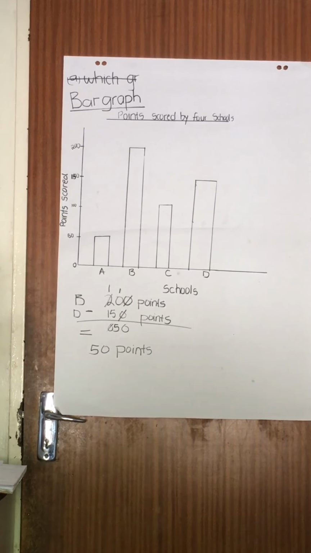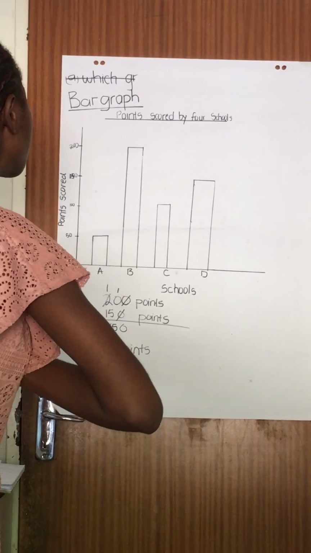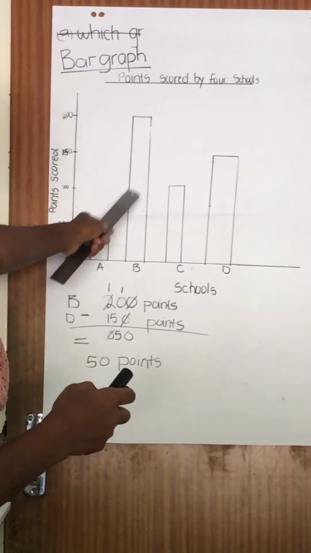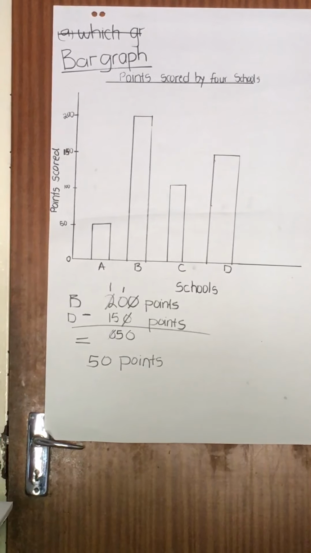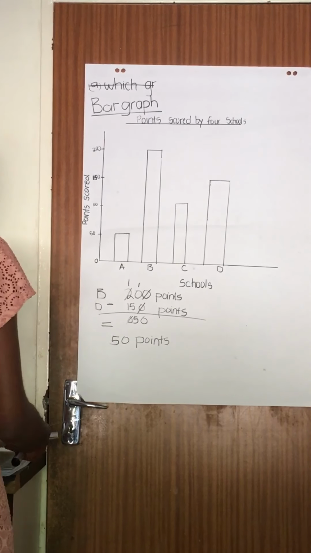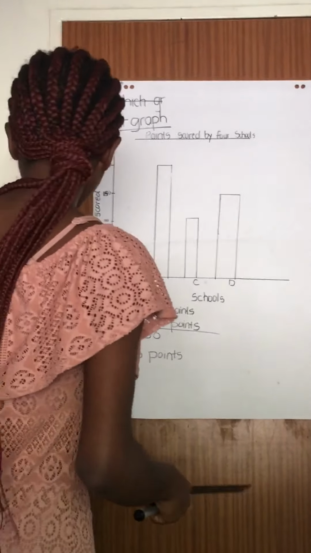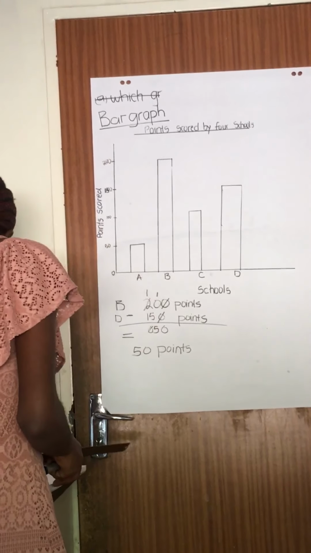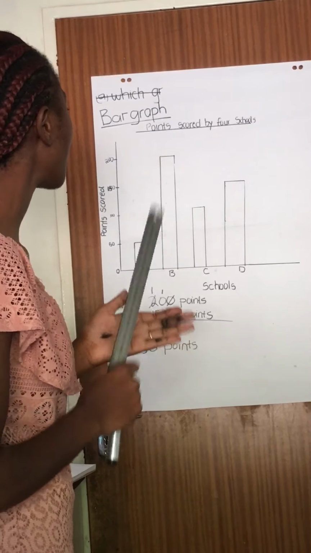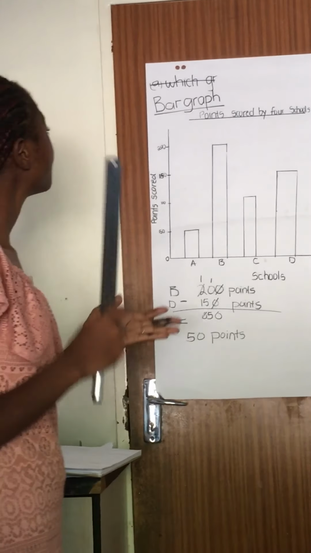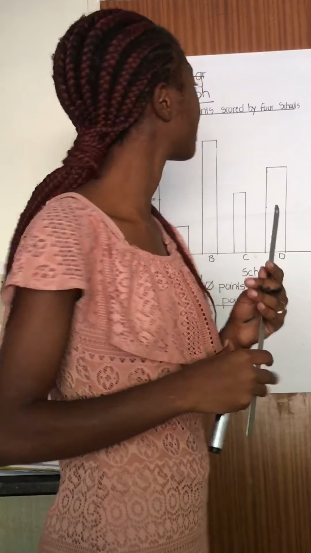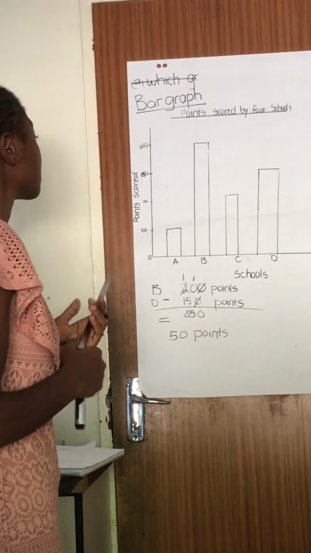So if school D worked harder and added 50 points, it could be equal to school B. So that's our difference between the highest and the second school. Okay, so do you understand, or is there maybe any question on how to interpret data from the bar graph, or perhaps how to interpret data from the pictograms?